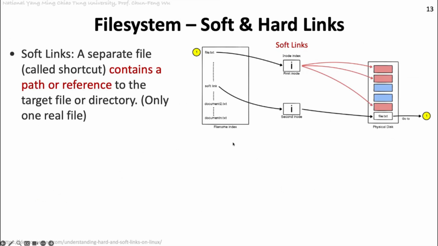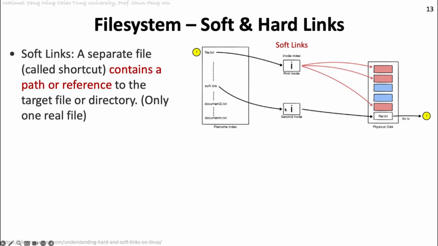So this is our indexing for the files, like file.txt. If we create a shortcut or soft link for this file.txt, it will be like this. Because this is a shortcut, it is also another file, so it will get another inode number here.